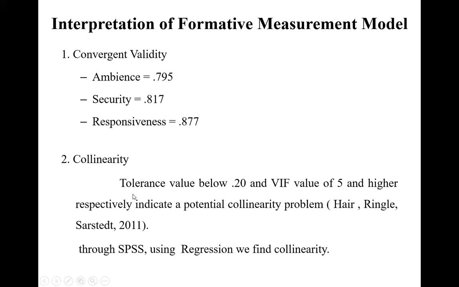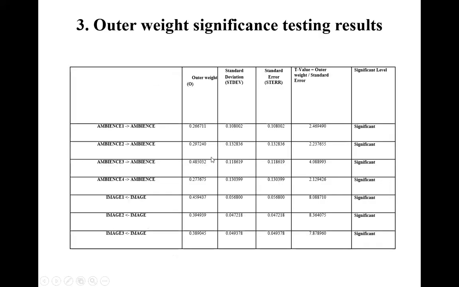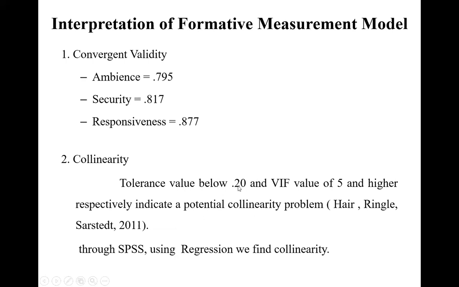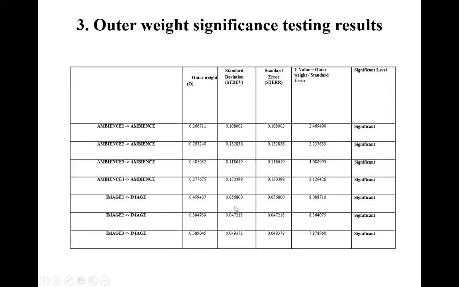And collinearity, tolerance value below 0.2 and VIF value of 5 and higher respectively indicate a collinearity problem. यहाँ पे all the values जो हैं वो 5 से कम हैं, ये देखिए यहाँ पे. VIF is basically the reciprocal of tolerance. ठीक है, इसमें हमने पाया कि कोई collinearity का इशू नहीं.